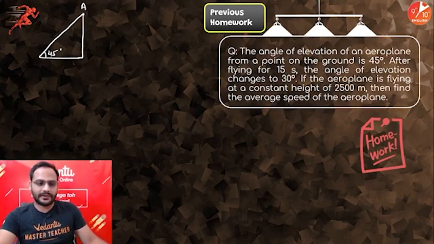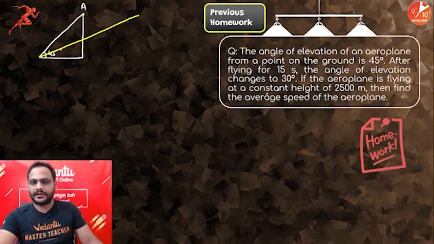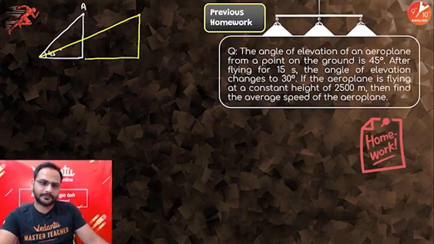Now after some time, the aeroplane will be at an angle of 30 degrees, considering the same height. The aeroplane is flying at a constant height, so the height is constant. Say it has reached over here.